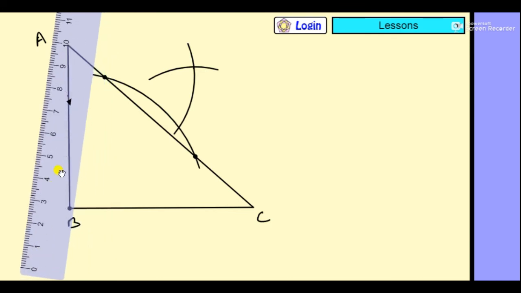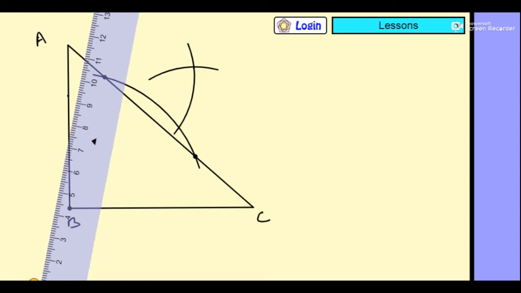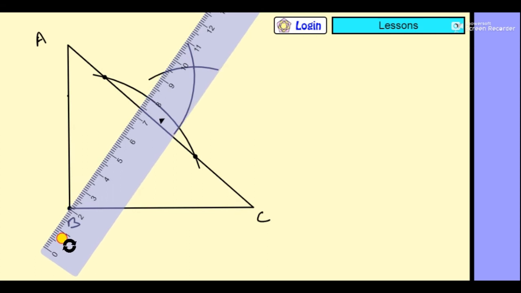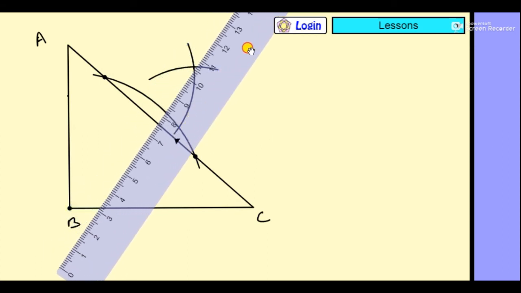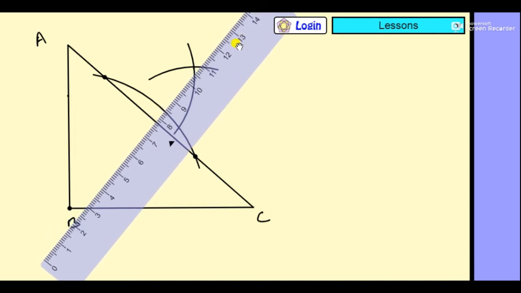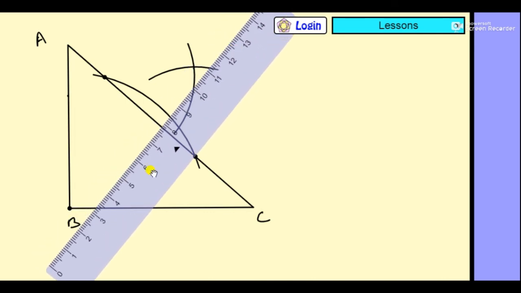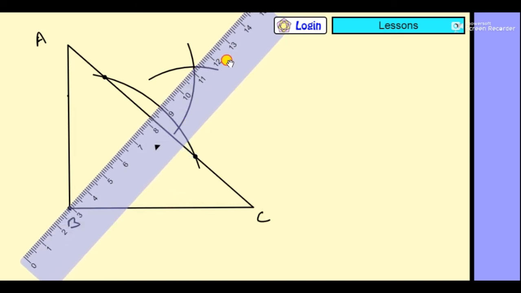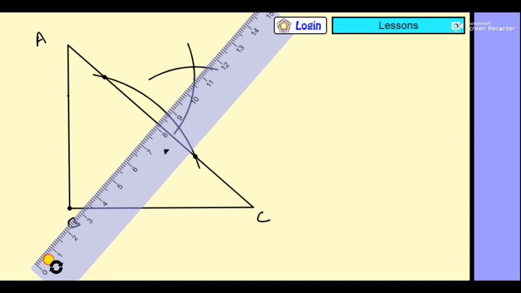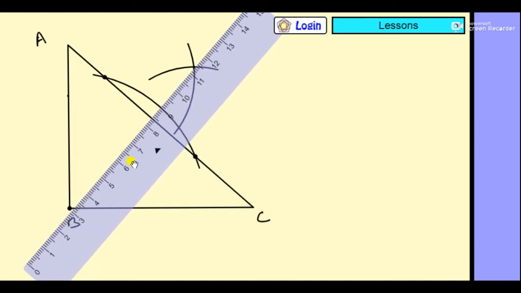It is very easy to join here. Yes, like this.